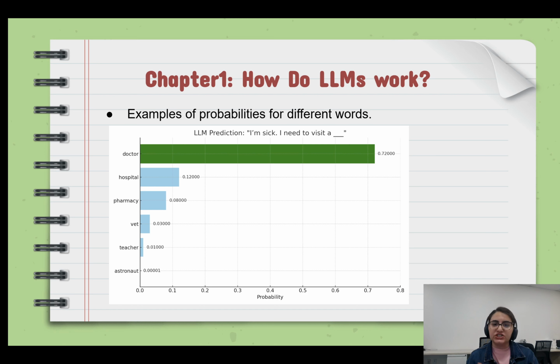You can see that doctor has the highest probability, then hospital, pharmacy. But when someone is sick, it's unlikely that the person will visit a teacher or a vet. So, like humans, based on the probabilities of different words, LLMs can choose a reasonable answer.